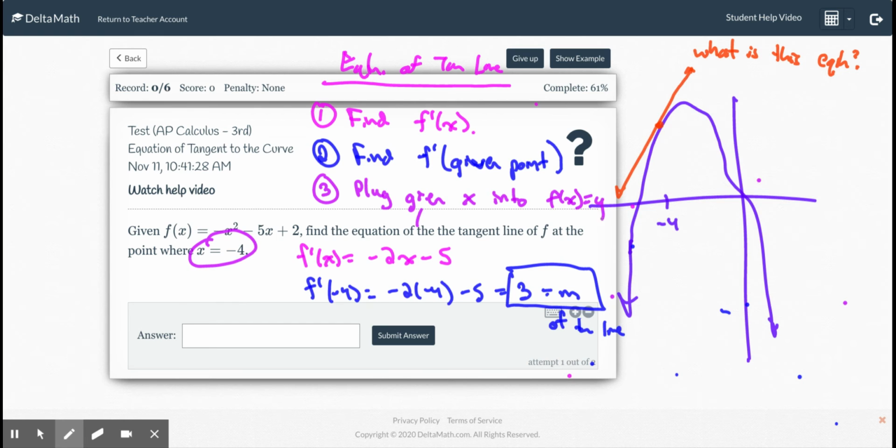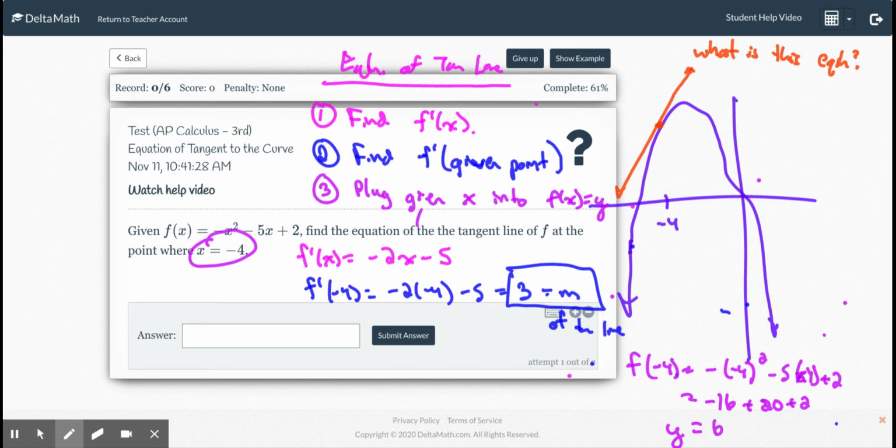So f of negative 4 is negative 4 squared minus 5x plus 2. Oops, sorry, negative 5 times negative 4. That gives us negative 16 plus 20 plus 2. So that's going to give us 6.